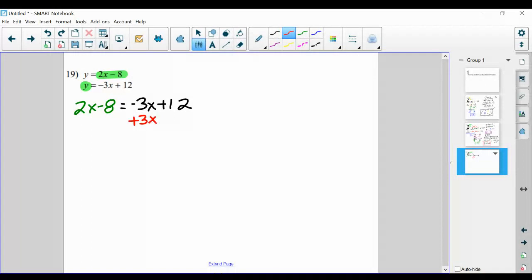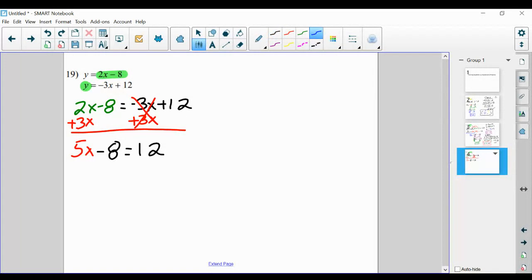In order for us to do that, we're going to add 3x on both sides. Notice where I'm placing that plus 3x. I'm putting it under the other term that has the x where I want to show the addition. Well, 2x plus 3x is 5x, and we drop everything else down.